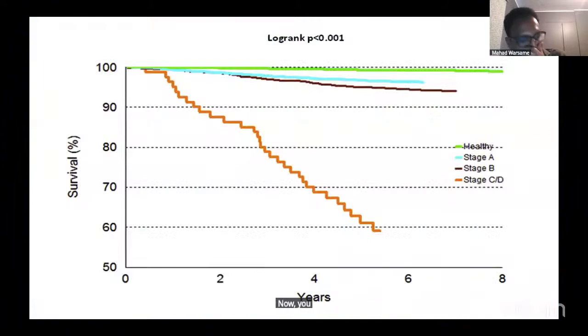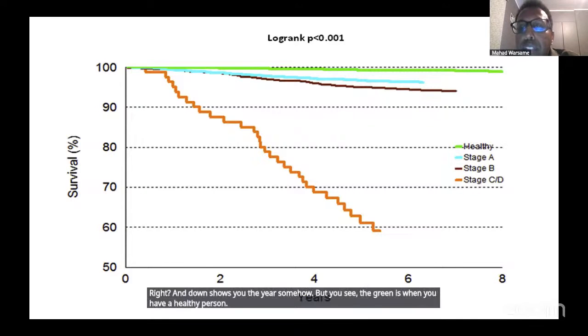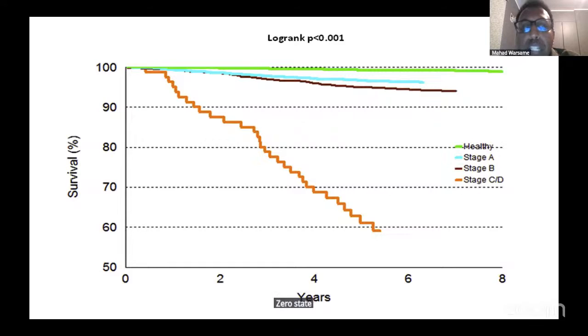Now you see this article shows you the survival, and down here it shows you the years. The green is the healthy person. Stage 0, healthy person survival, is 100%. Stage A is about 98% in a year.